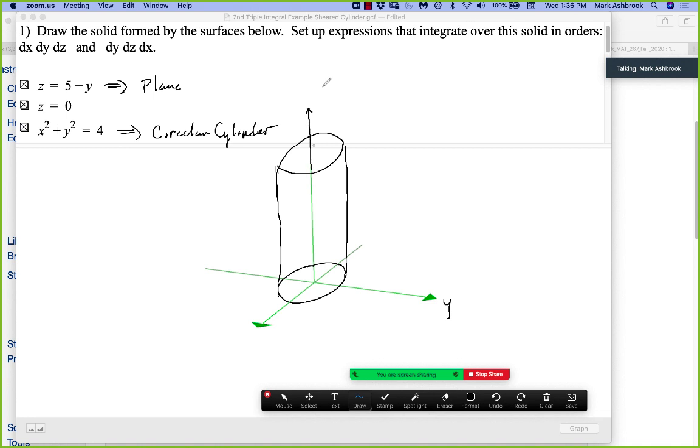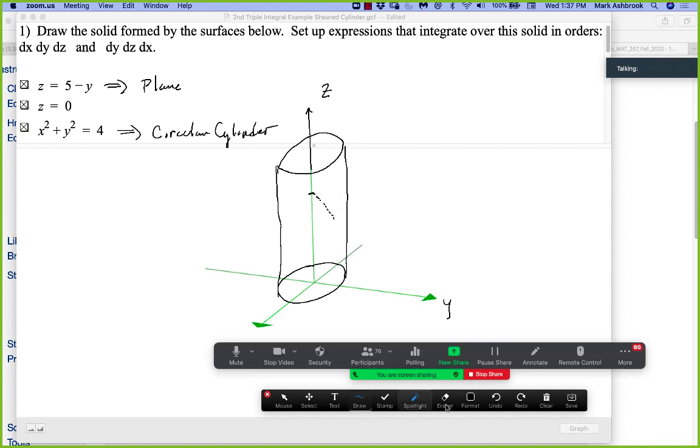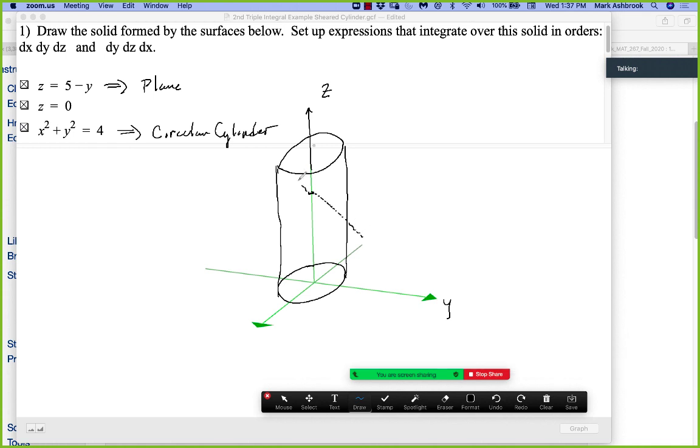Here's z. So the intercept is at 5, and then it has a slope of -1. Like that. Too steep. And then now imagine that being extended in the x direction.